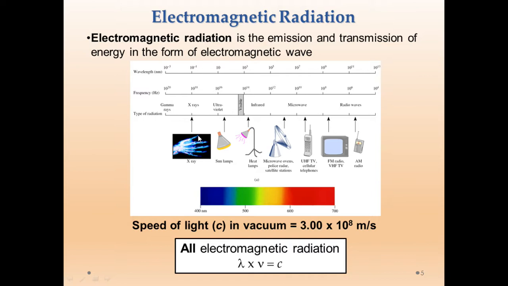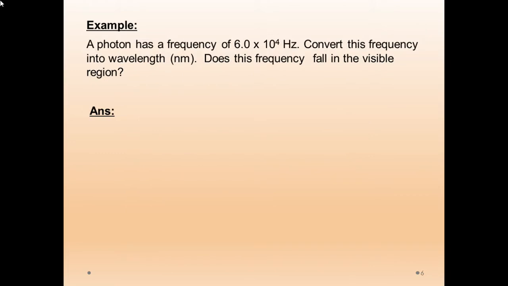A simple calculation: remember that a photon here refers to light energy, and it has a frequency of this much. This is your frequency, and we convert this frequency into a wavelength.